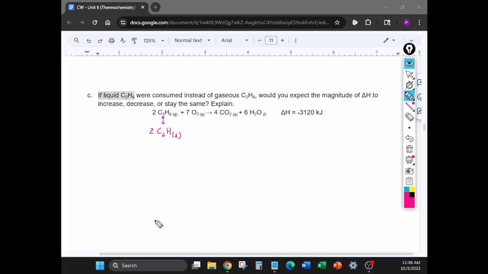Okay, so in order to solve this, we need to actually think about what the molecules are doing in a liquid versus a gas. So let's write that down somewhere. We're going to look at the liquid versus a gas. What we need to figure out first is what state of matter has more internal energy in and of itself. And the answer is going to be a gas. Gases typically have more energy, or more internal energy, than a liquid.